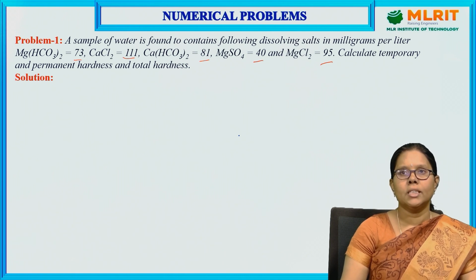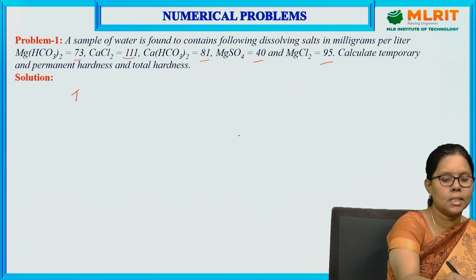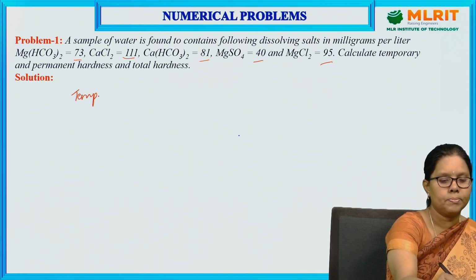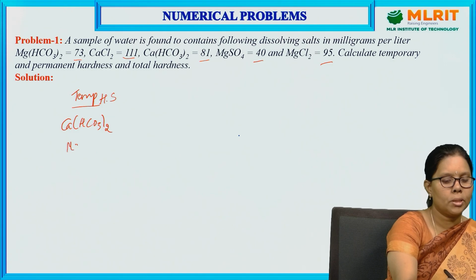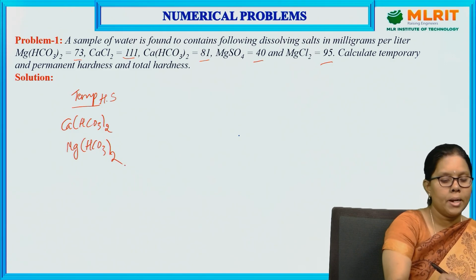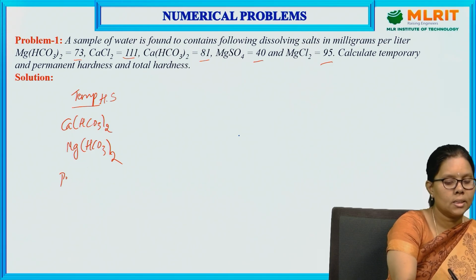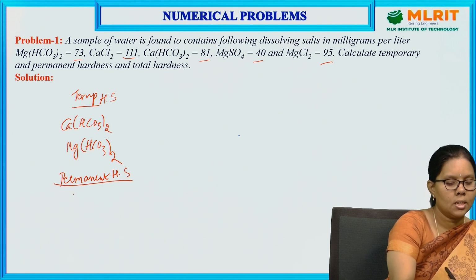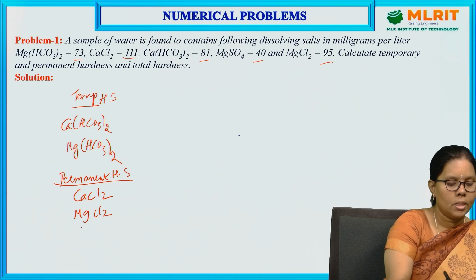We know the temporary hardness causing salts. Let us write them. Temporary hardness causing salts are calcium bicarbonate and magnesium bicarbonate, and permanent hardness causing salts are calcium chloride, magnesium chloride, calcium sulfate and magnesium sulfate.